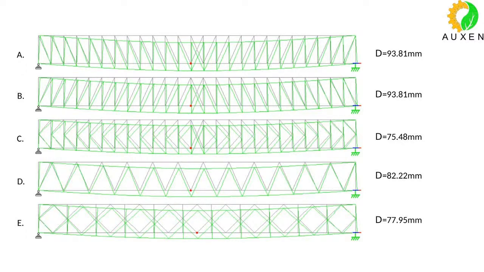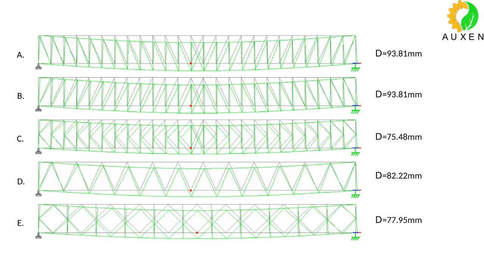Type A and type B were giving you higher deflection values. Type C, the K type truss, is giving you the least of all these, and type E is also quite near, 77.95. So type C and type E are giving you the least values of deflection. A and B are giving you higher values.